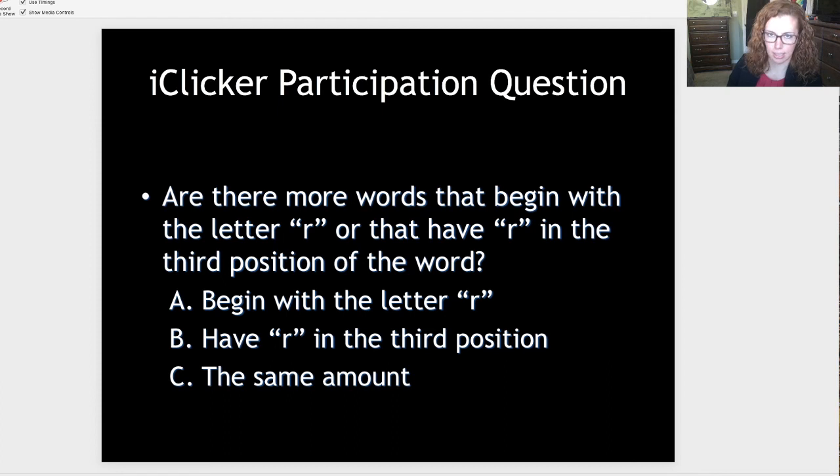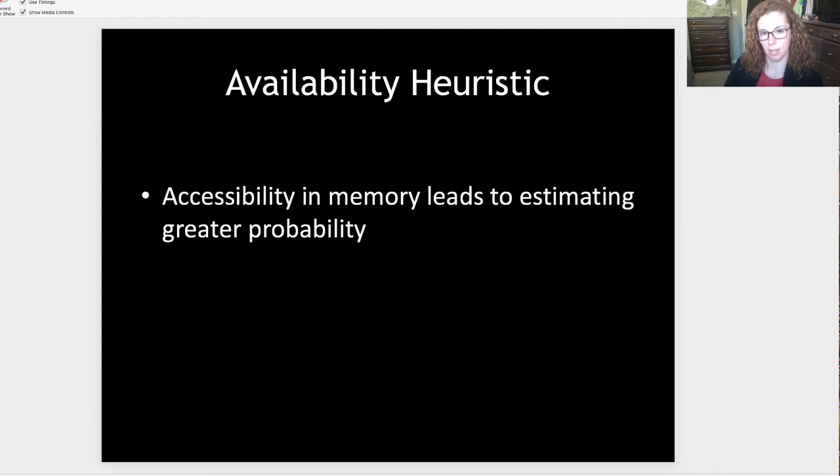The reason that we do this is because of the availability heuristic. I know you guys have heard about this already. The availability heuristic is simply that accessibility in memory leads to greater estimates of probability. If you can remember something happening, you think that's likely to occur in the future. So we estimate it happening more frequently.